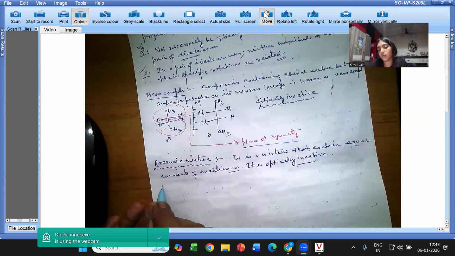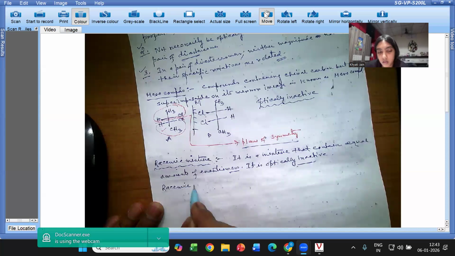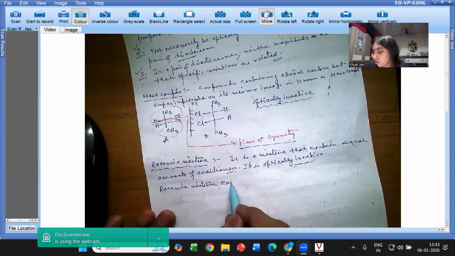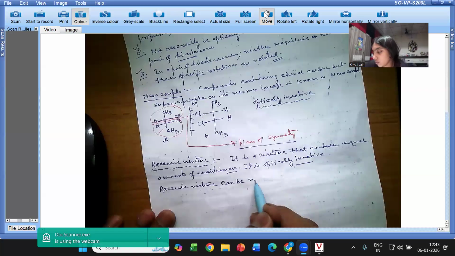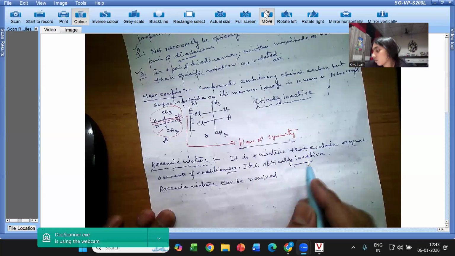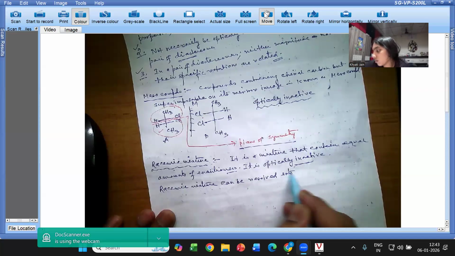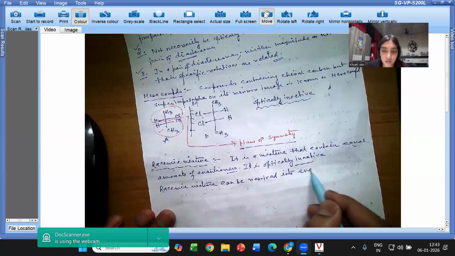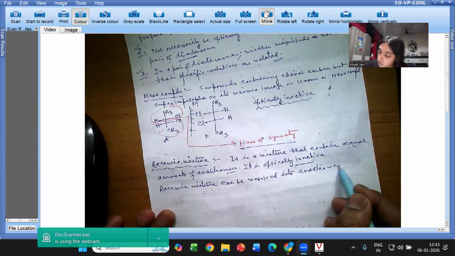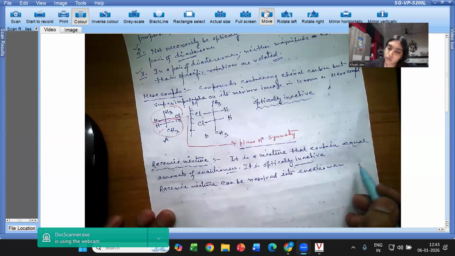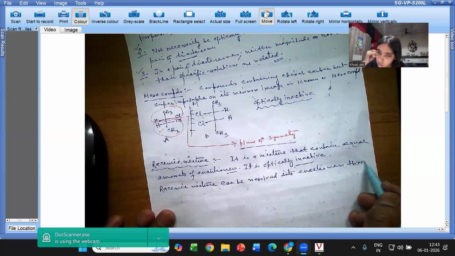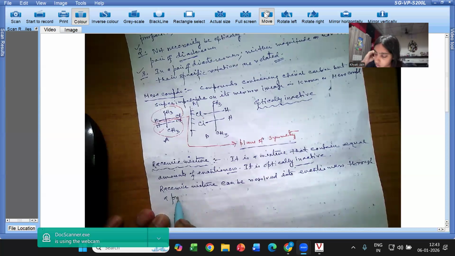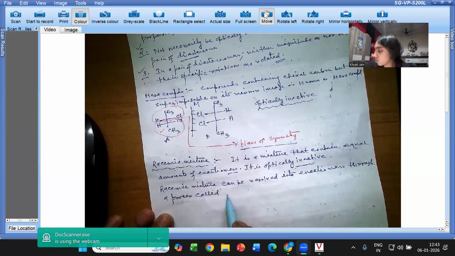And another important point that comes in exams: a racemic mixture can be resolved into enantiomers through a process called resolution.